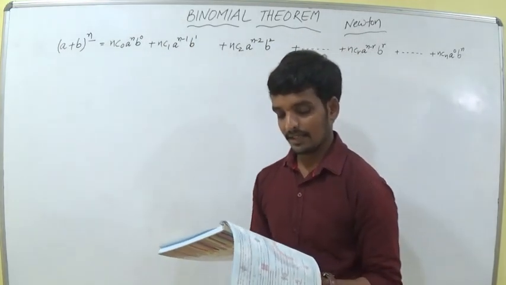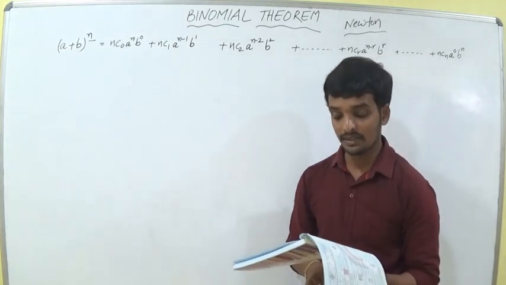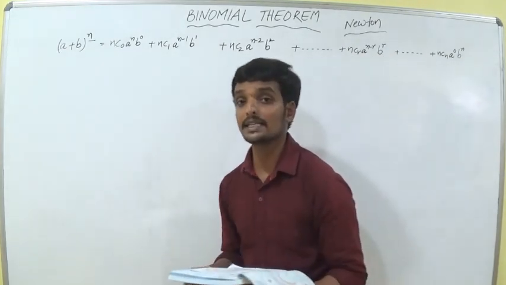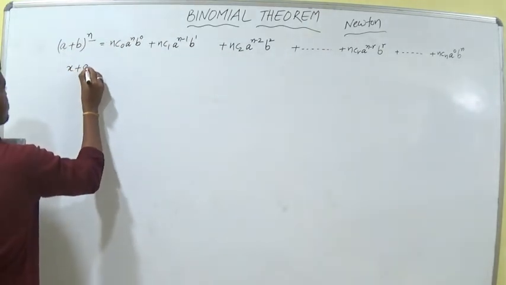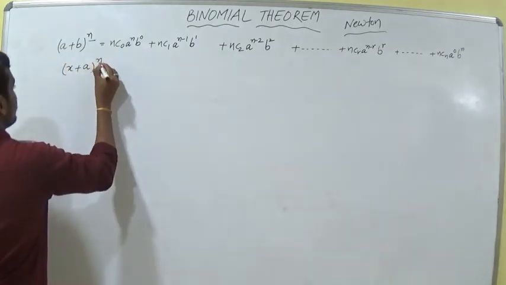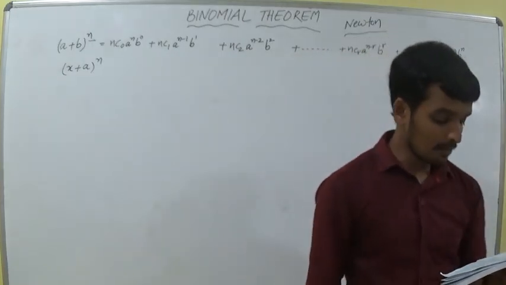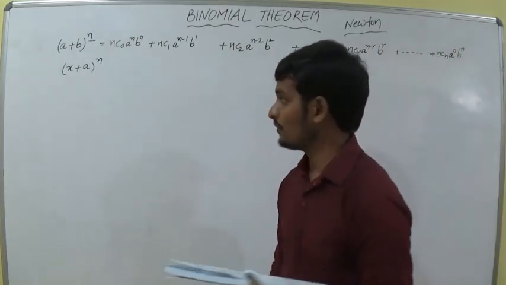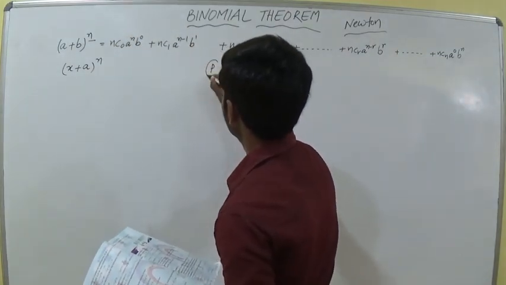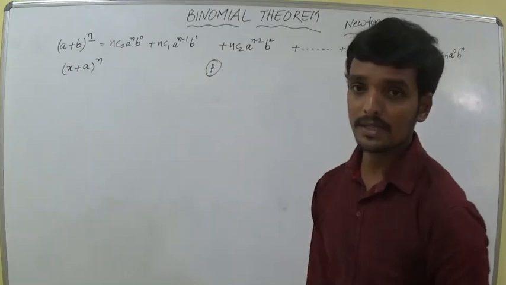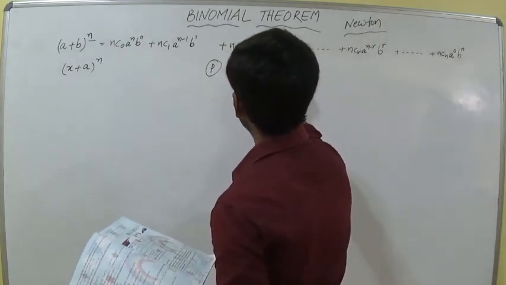In the expansion of (x plus 1), they are giving x plus 1, but that is not x plus 1, that is x plus a. In the expansion of (x plus a) whole power n, the sum of odd terms is p and the sum of even terms is q.